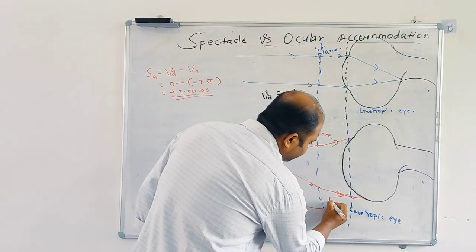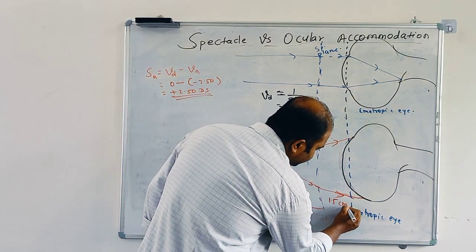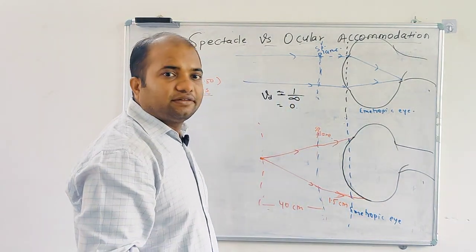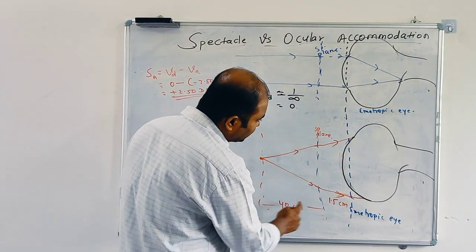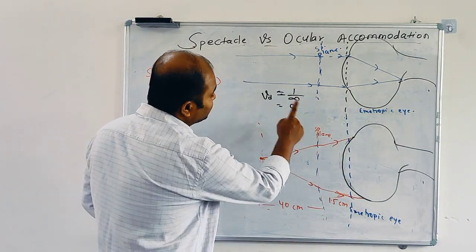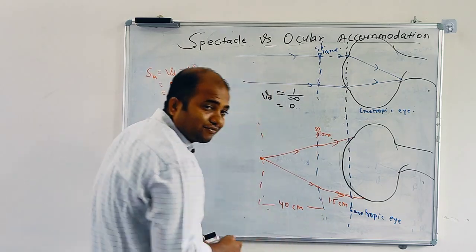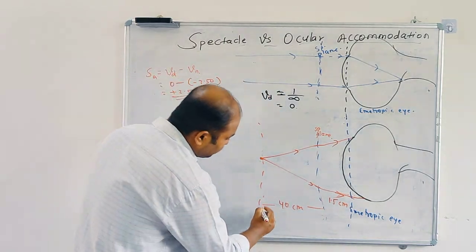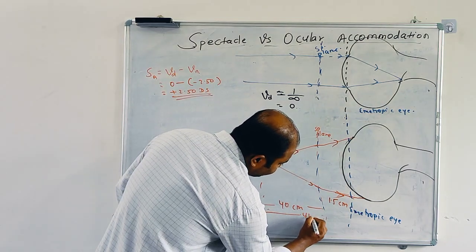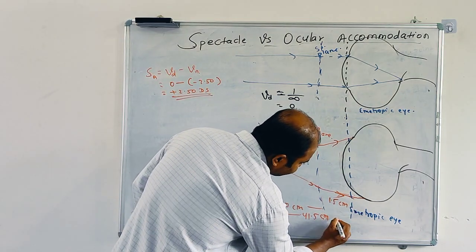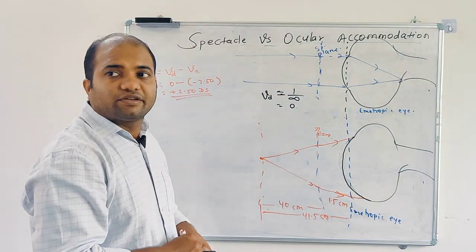So the total distance from the object to the principal plane is not 40 centimeter. Now it will become 40 plus 1.5, the total distance is now 41.5 centimeter. Am I right?